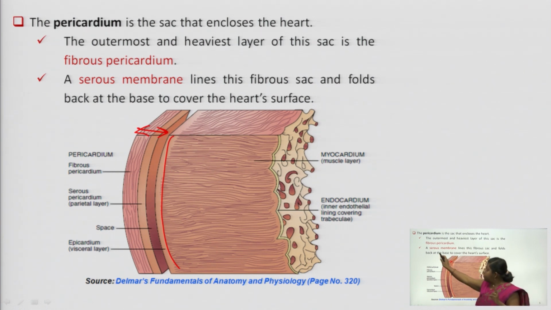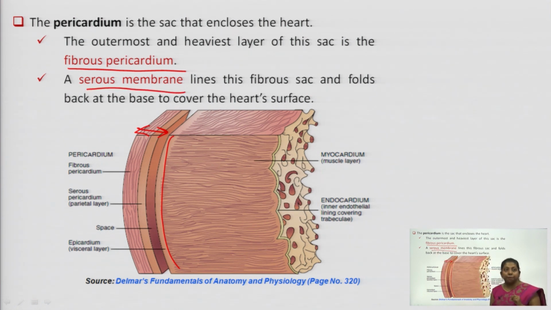Fine. So the outermost layer is your fibrous pericardium and the inner layer is your serous pericardium. In this picture we can see here, this is your fibrous pericardium and this light brown color structure is your serous membrane or serous pericardium.